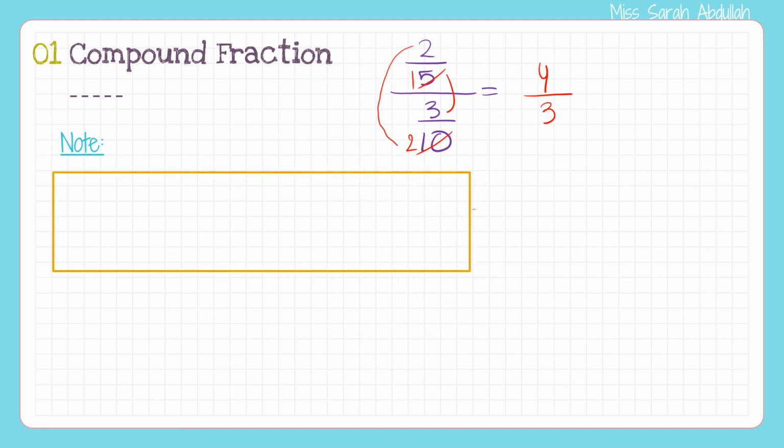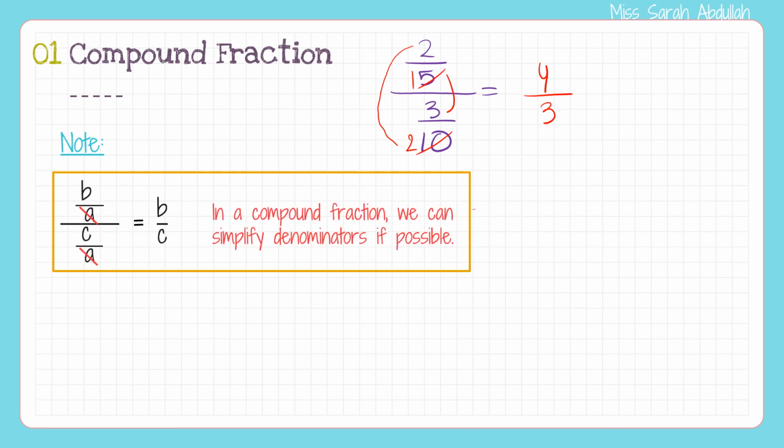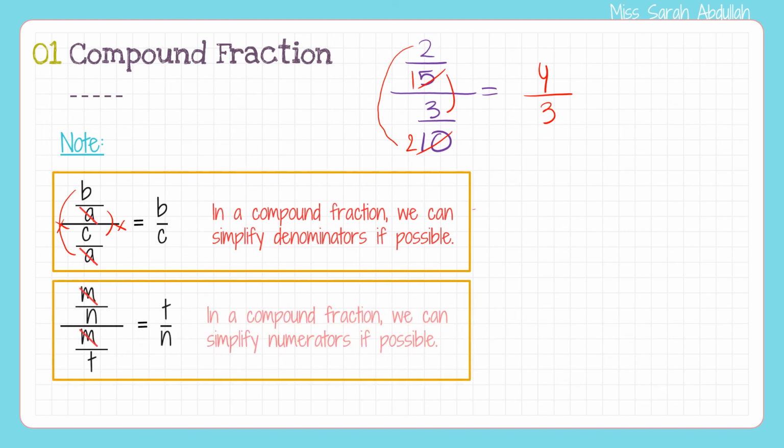The first one says that we can simplify denominators if possible. We can cancel letters. We can simplify denominators before we do the multiplication. And also we can simplify numerators if possible, also before doing the multiplication.